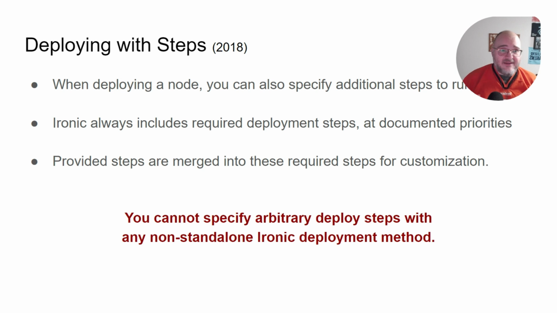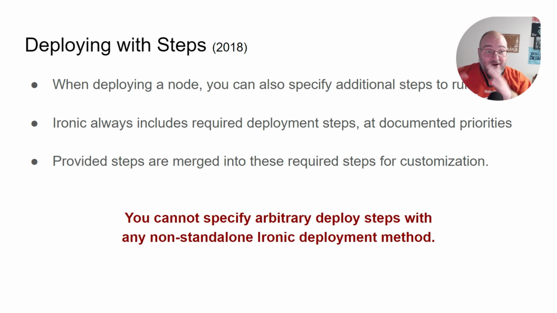Another way, and in fact, a really common way that people are using steps is to deploy with steps. And the explicit way to do this is when you're deploying a node, you just specify additional steps to run. Now, there are some steps in Ironic that are implied, that are built in, that we're always going to include on our default deployment interfaces at some priorities that we document.